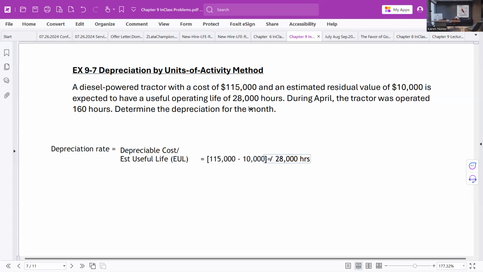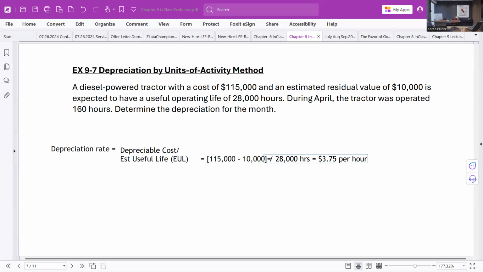That's what they give us here, 28,000 hours. So what we end up with is a rate of $3.75 per hour. So the depreciable cost spread over the useful life is $3.75 an hour.